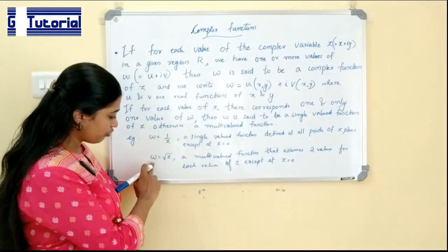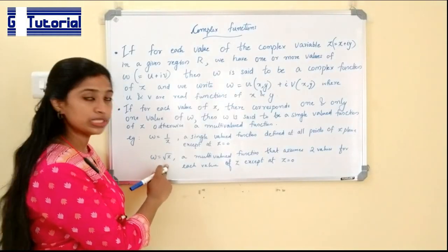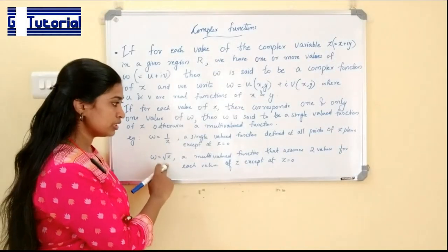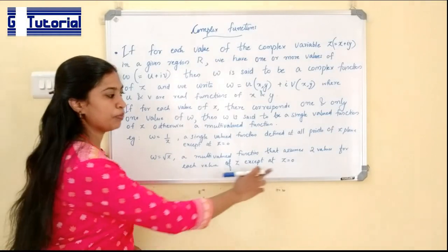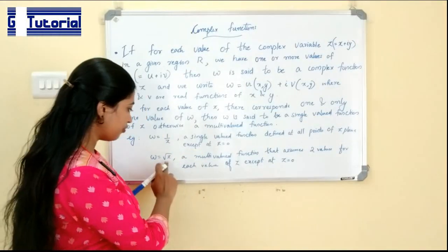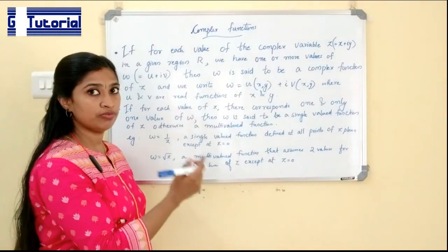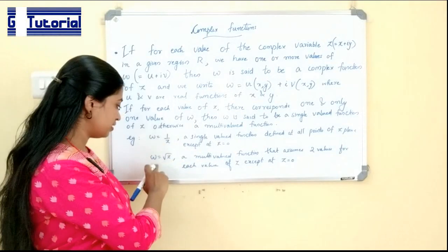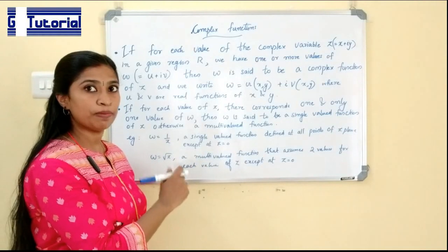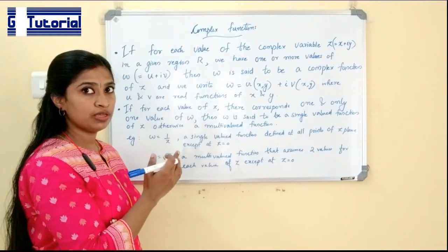Now the next function is w is equal to root z. This is a multi-valued function except at the point z equal to 0. That is, if we substitute z as x plus iy, and substitute 1 and 1 for x and y, we get w as root of 1 plus i.